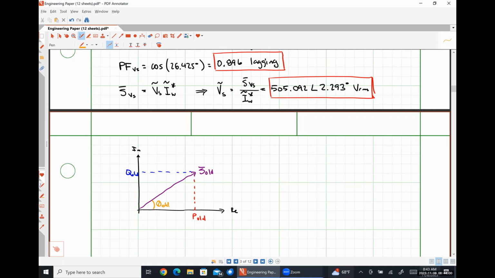So if we want to increase the power factor at which this system operates, do we need to make our angle theta larger or smaller? Smaller, because the cosine of 0 is 1, and that's our best case scenario, meaning that we're operating at 100% efficiency.